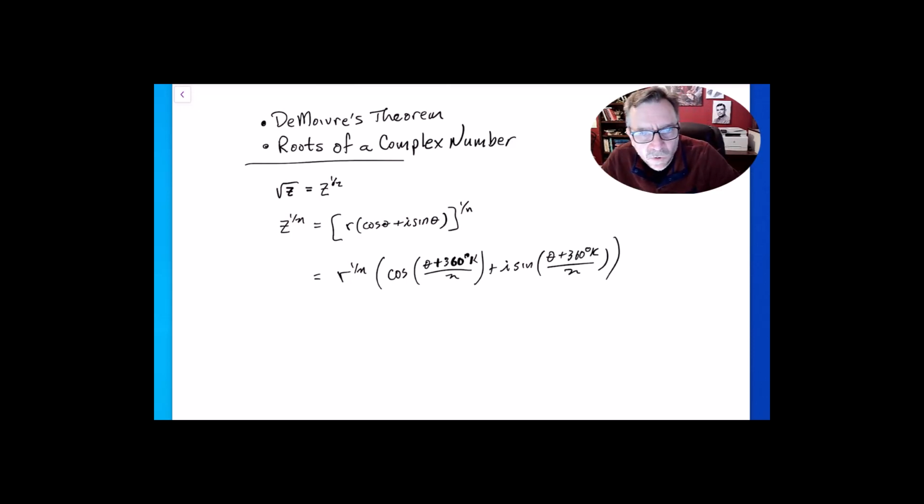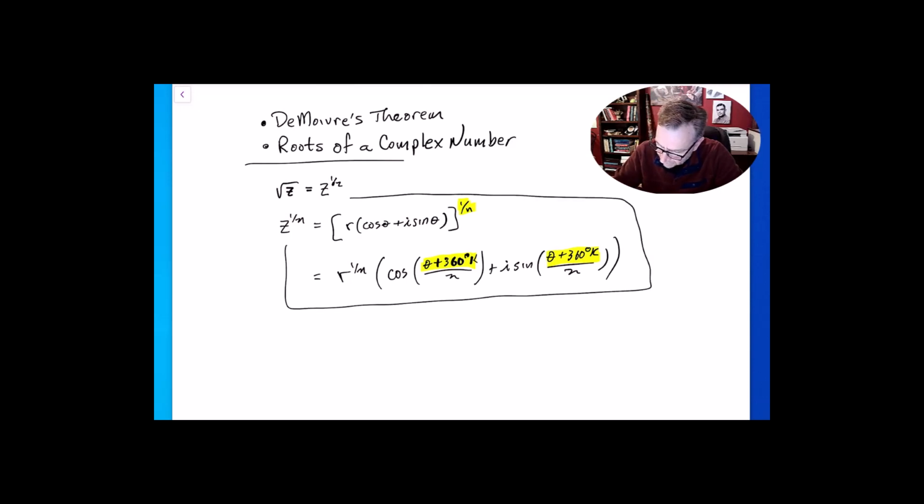So this is DeMoivre's theorem for roots. It's kind of the same thing. Remember, you're multiplying 1/n times the angle, but what's different is that you have to add 360k because there's going to be multiple answers. And so in this case, k is an integer.